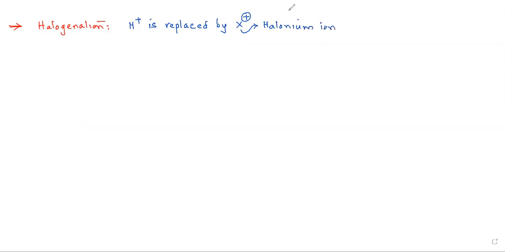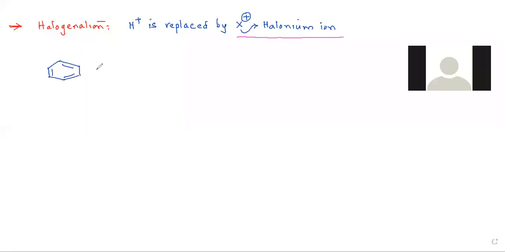In fact, this is the electrophile in halogenation. Okay. Now let me first give you some examples for halogenation, then we'll go for the mechanism.